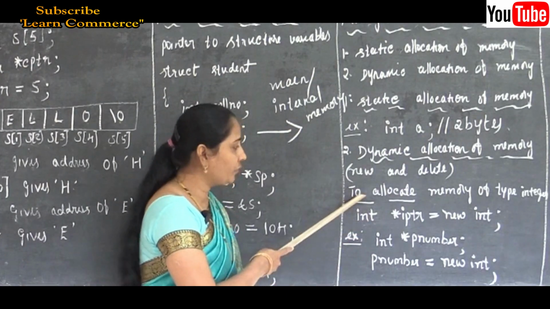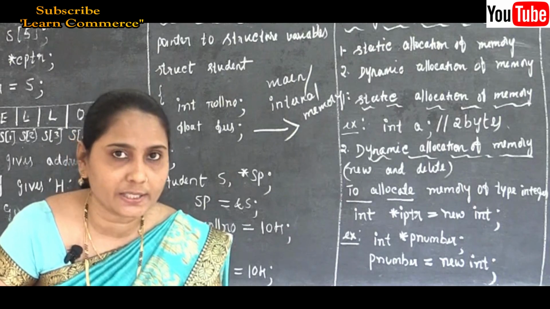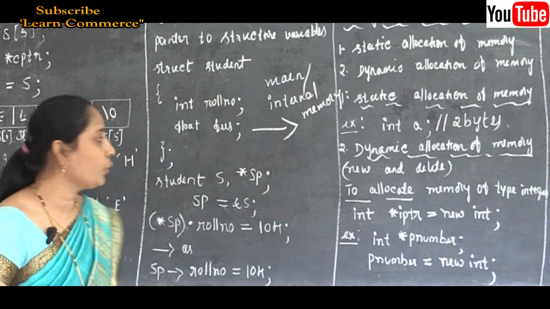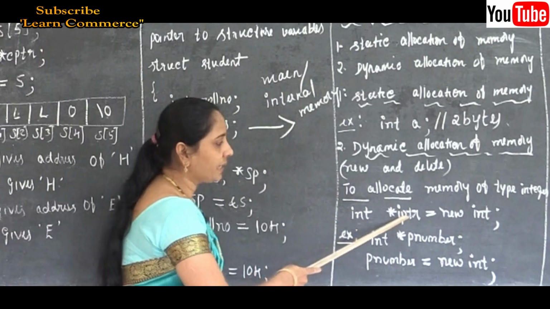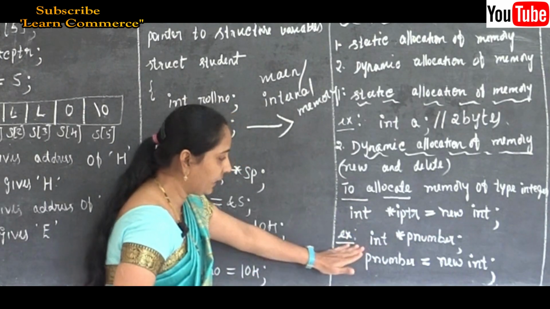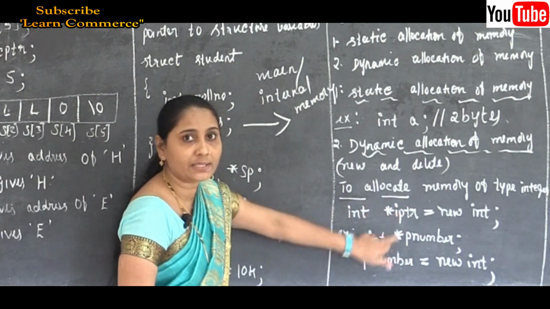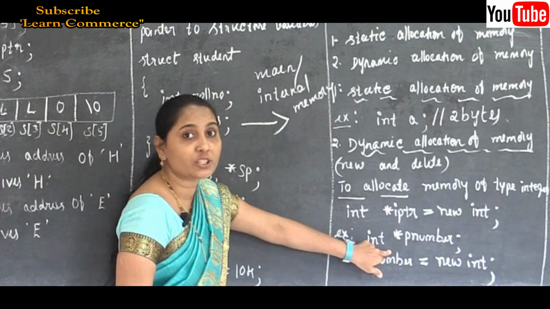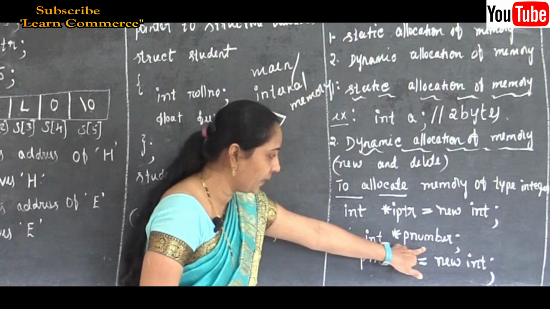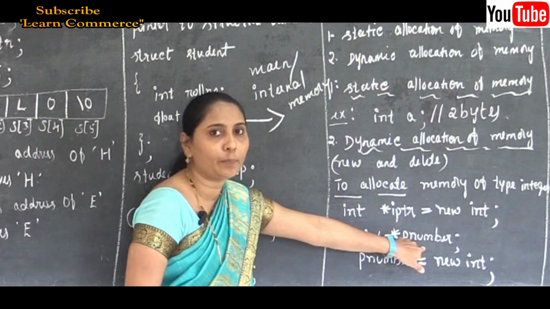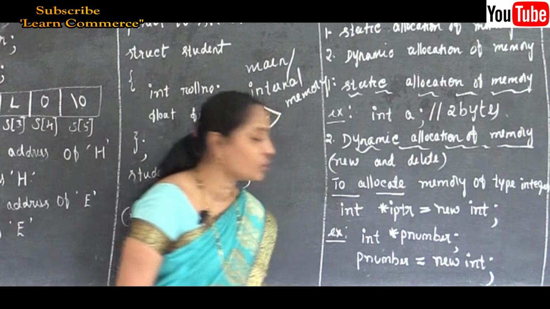The meaning of the line is to allocate memory of type integer. Clear this point? To allocate memory of type integer. So int *iptr = new int. And the second example, why? Because I already said whatever I completed using one line is done using two lines here. So the first one is int *pnumber, just in the first line we declare the pointer variable pnumber, and the second line is pnumber = new int.